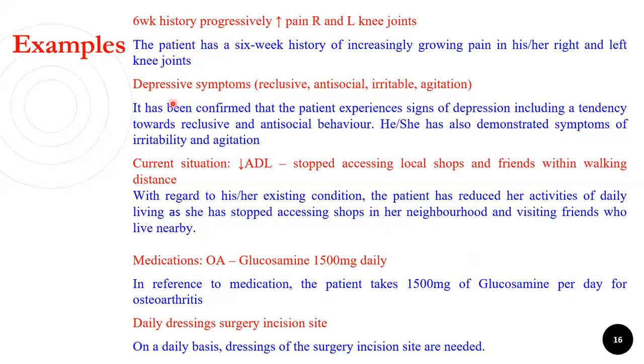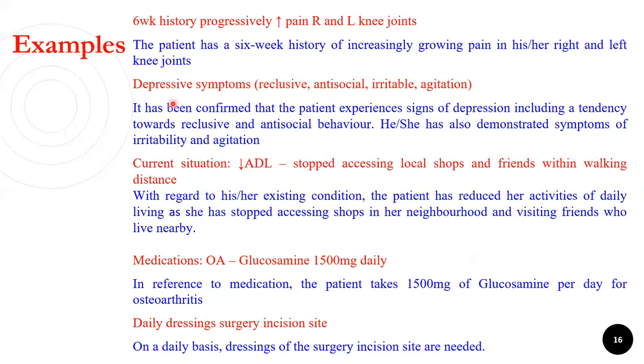Then the next one, current situation, colon, there's an arrow pointing down, which means it's decreasing ADL. And what is ADL? You need to know what this means, because this is for nurses. And so once you're a nurse, you should be able to tell what that is. Stopped accessing local shops and friends within walking distance. How have I transformed that? With regard to his or her existing condition, the patient has reduced her activities of daily living as she has stopped accessing shops in her neighborhood and visiting friends who live nearby.